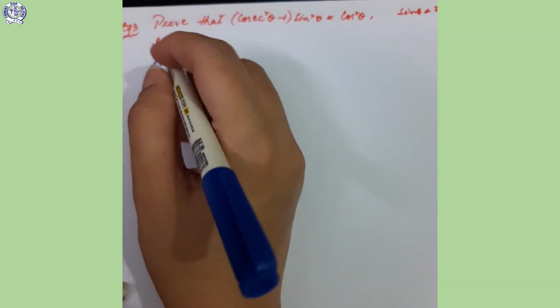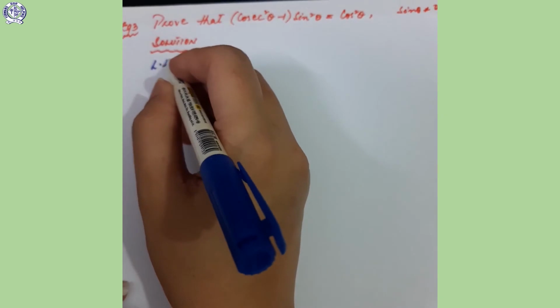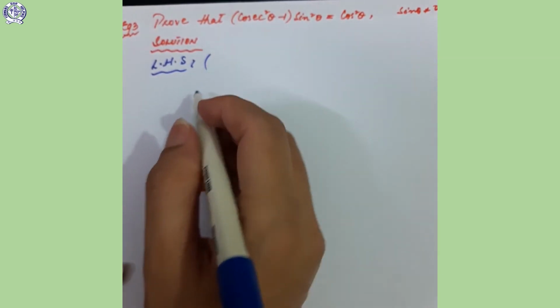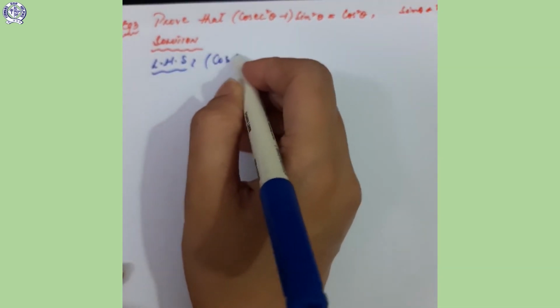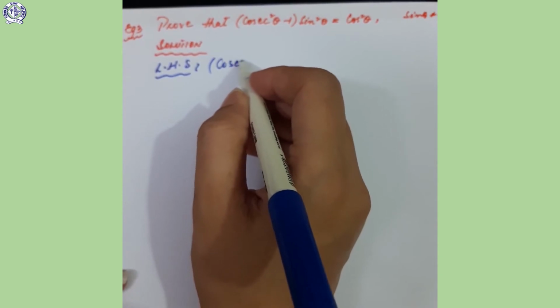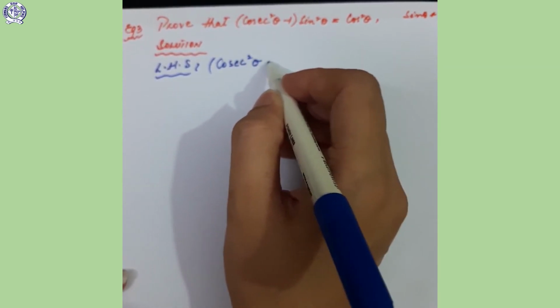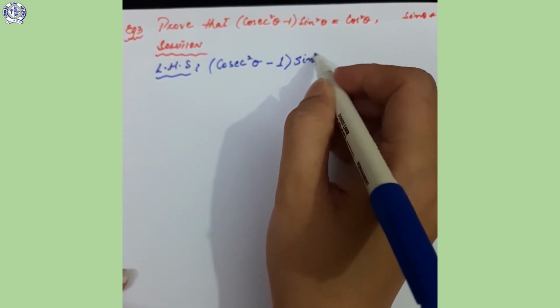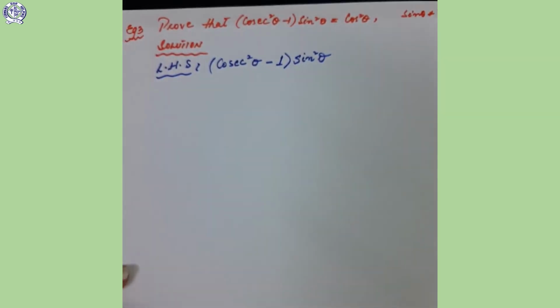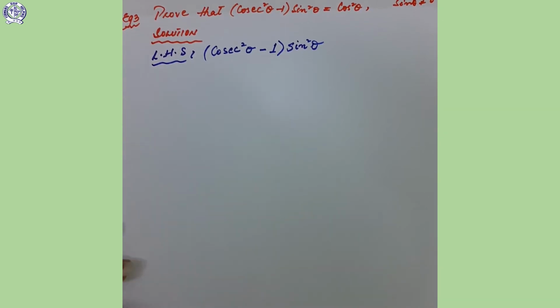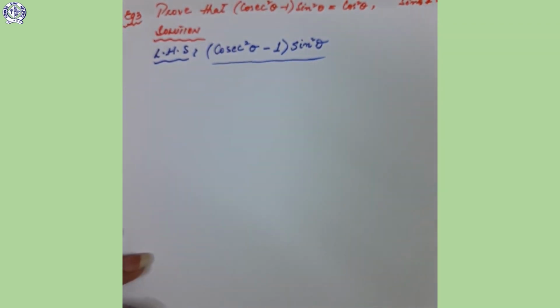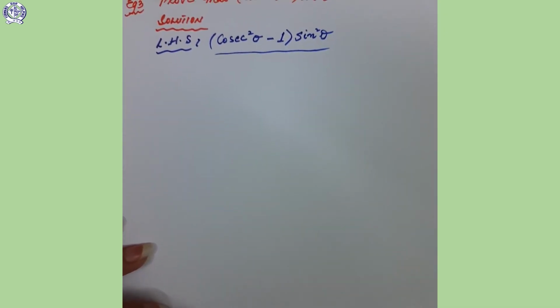The left hand side is cosec square theta minus 1 into sine square theta. Now this is also a formula. We will apply the formula here. Okay, let's apply the formula.